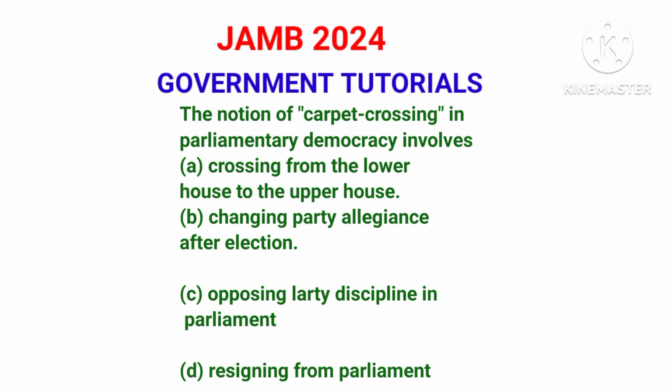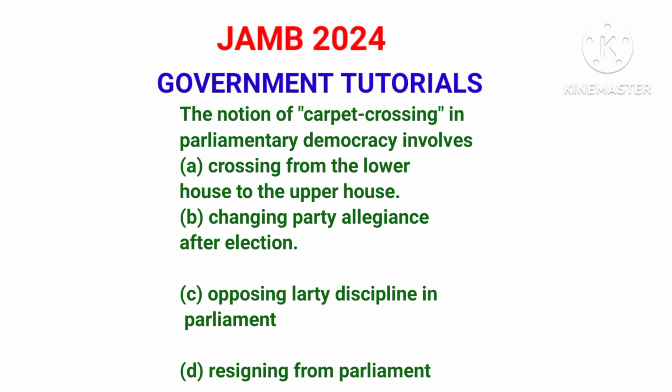Of course, this is the correct answer: changing your association from one political party to another. Option C, opposing party discipline in parliament, is of course not the answer. Resigning from parliament is also not the correct answer. So option B is the correct answer.